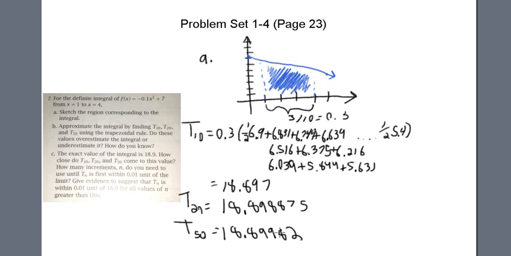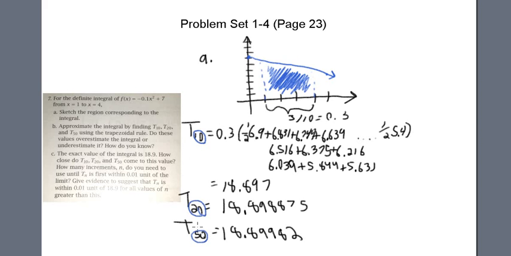Now, it makes a lot of sense that they're all very, very close to each other. And that the higher this number goes, the higher the number of trapezoids you have, the more exact your answer is. If this were infinity, it'd be perfect.